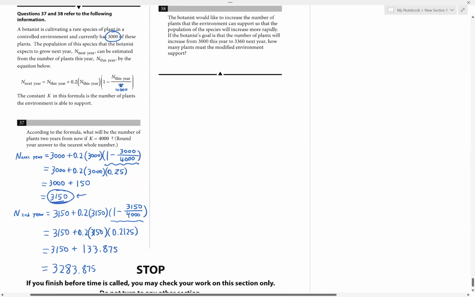In this question, they said to round to the nearest whole number, so that's about 3,284. Round to the nearest whole number, 3,284, and that will be our final answer for this question.